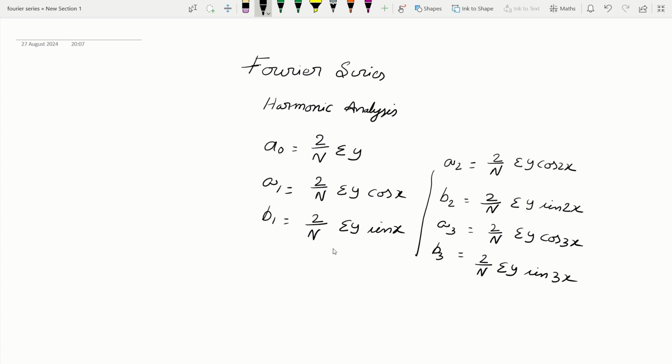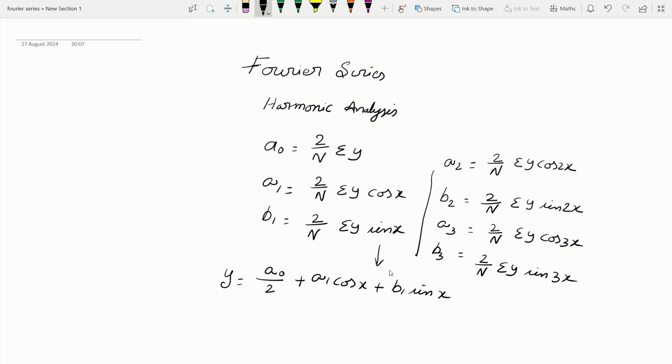So, for example, if they ask up to the first harmonic, then we have to write the conclusion, right? That is y is equal to a naught by 2 plus a1 cos x plus b1 sin x, if they ask only the first harmonic.